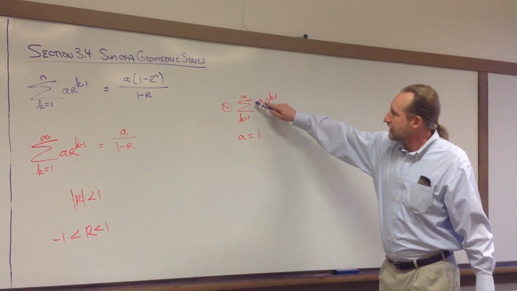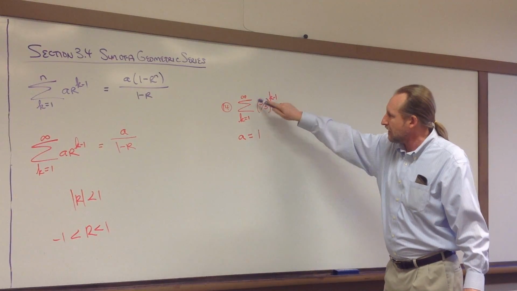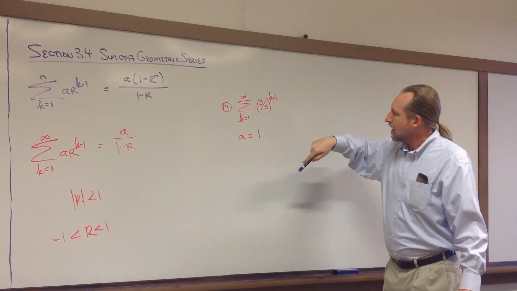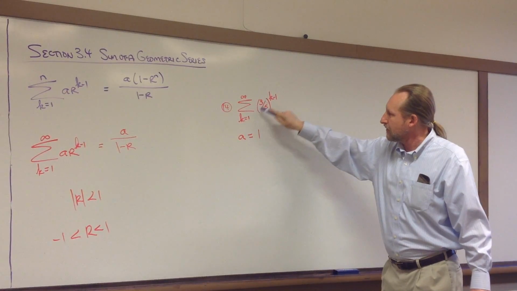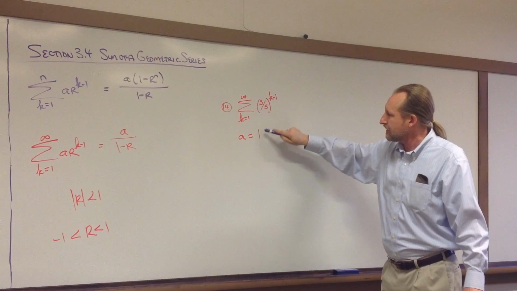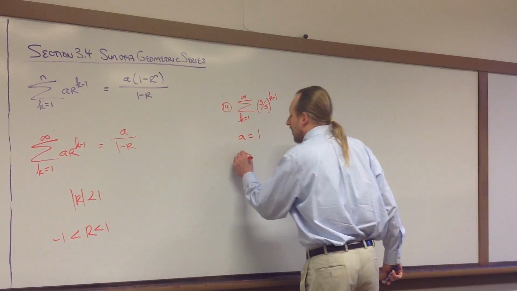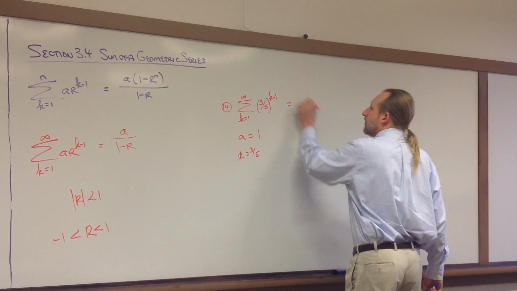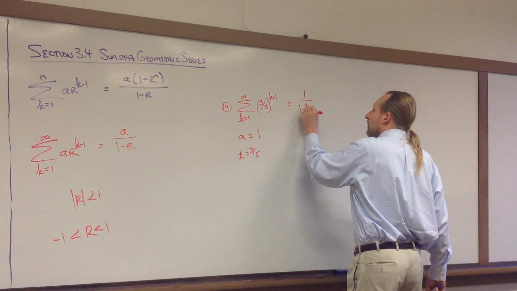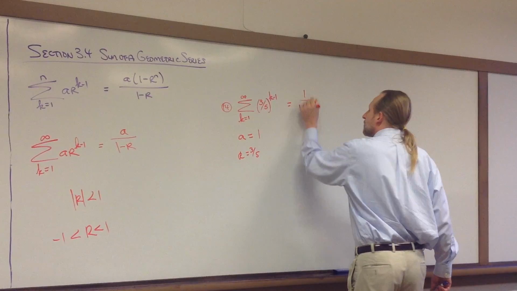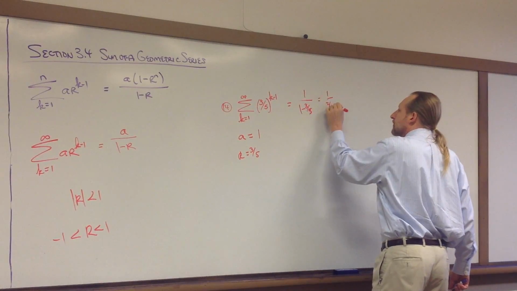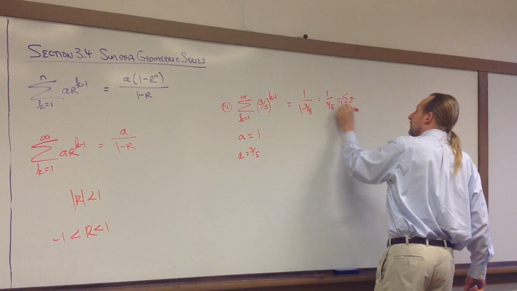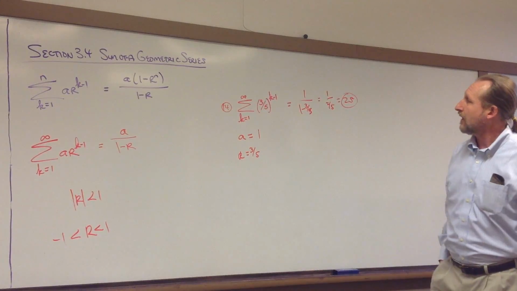You can think of that as a 1 times this outside there, because this is in standard form, or plug the 1 in for k: 3/5 to the 0 power is 1. Our r is equal to 3/5. So our sum should be 1 over 1 minus 3/5, which is 1 over 2/5, so 5 halves, or 2.5.